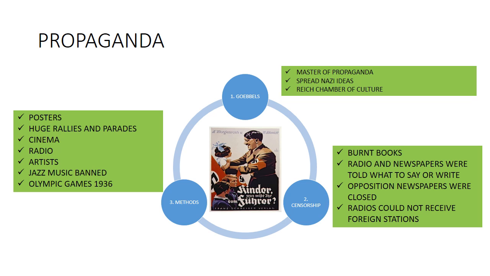So infamously in 1933 they burnt a lot of books by Jewish authors. Radio newspapers were literally told what to say or write, so there's no independent journalism. Any opposition newspapers were closed down, and radios that were built could not receive the BBC or any foreign radio station. So that's part of that.